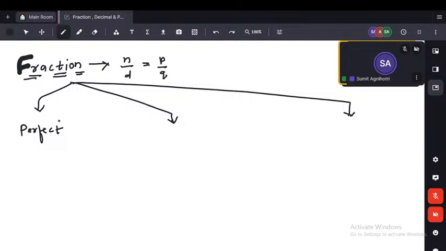Do you know what are the three types of fraction, Aryan? Not really. Okay, don't worry.